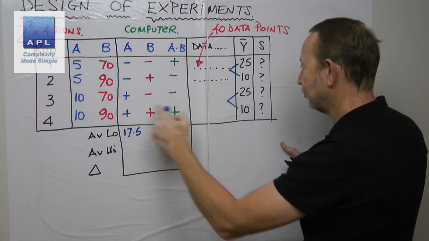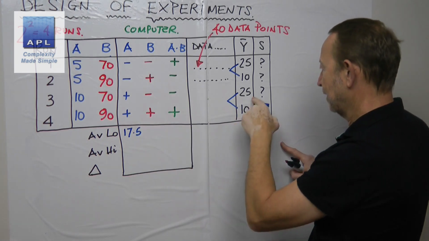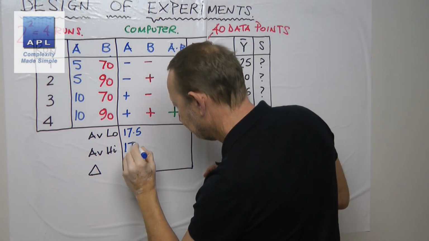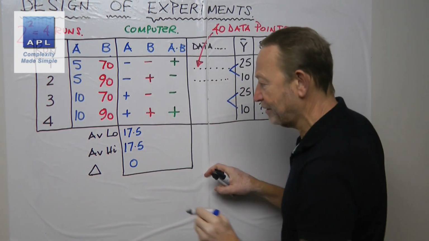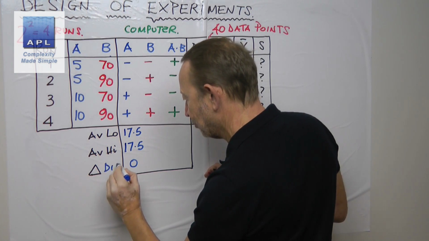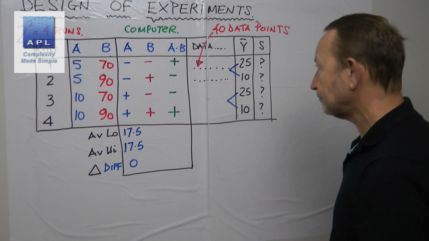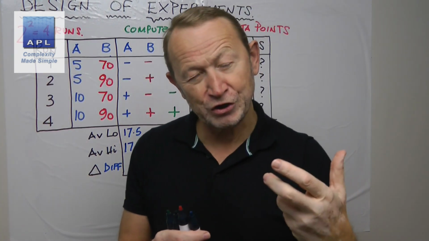What was the average when A was positive? Again, these 2 results add up to 35. 35 over 2, 17.5. And the delta, the difference between these 2, is 0. Okay? So that was 1 and 2 versus 3 and 4. That was the first combination.